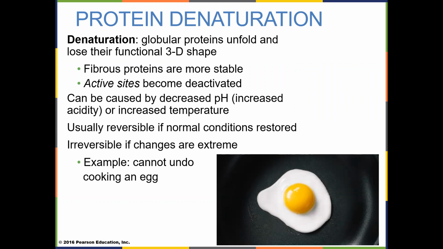It's also cooked too. That's mostly cholesterol. But the white of the egg is albumin, and when it becomes denatured, it turns white, and it cannot be reversed. You can't take an egg and renature it, if you will, and convert it back to its globular state. The active sites are destroyed, and you can't change it.